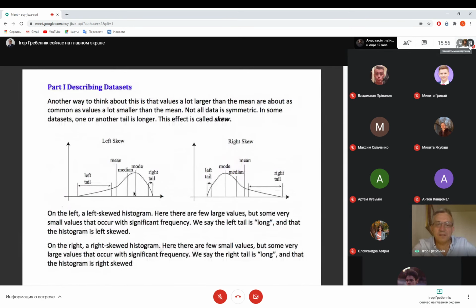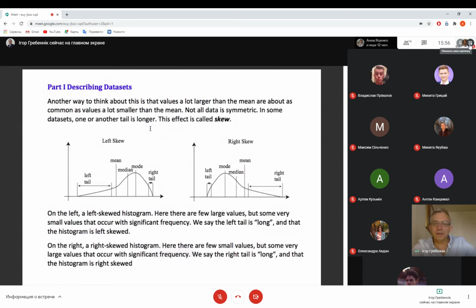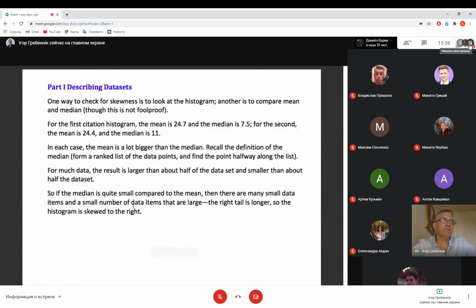For a symmetric histogram, mean and median are at the same point. Having a skew histogram, we have different values of median and mean, and this is a reason for a conclusion about the symmetry of the histogram.